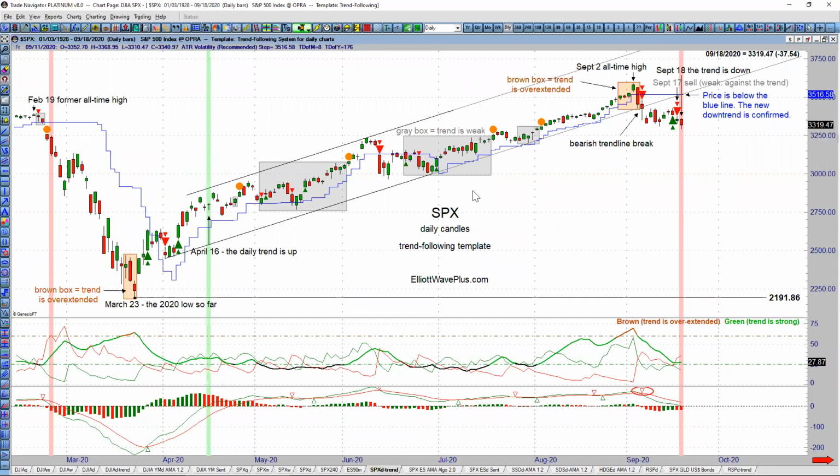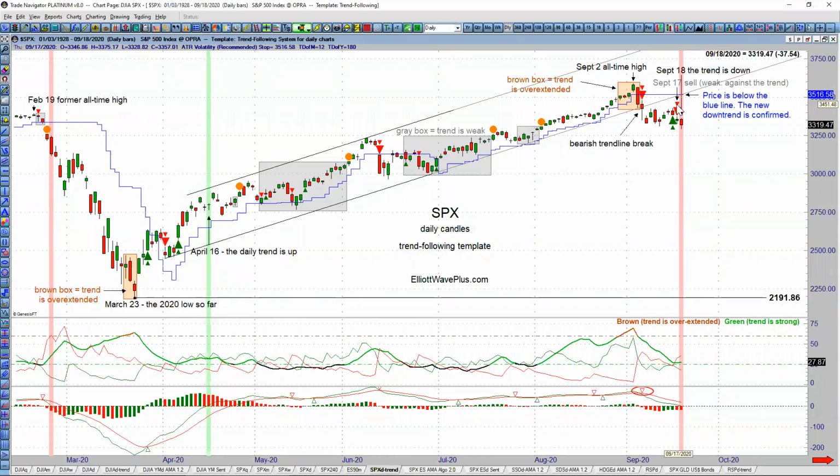The system, the way I developed it, the trend following system, is very patient about calling for a trend change. You can see that off of that March 23 low, it didn't officially call a trend change from down to up until April 16. So it waits until there's pretty good proof of a trend change before it designates it.